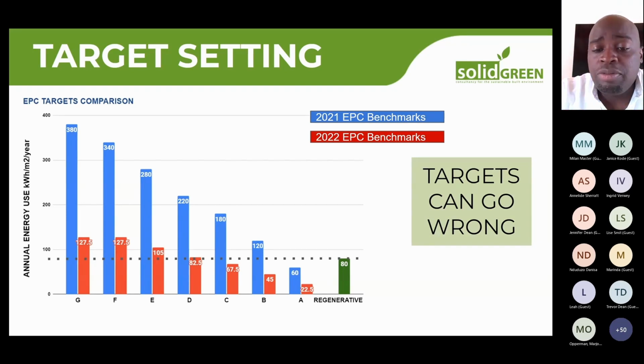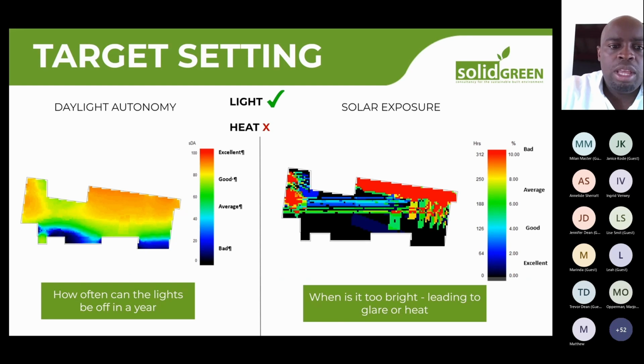And the best way to visualize this is that previously, when we were trying to offset an A building on the old ones, on the new versions, that is equivalent to a D rating, which on paper means that it should be easier to get regenerative buildings because our buildings will be so energy efficient, but it's just becoming a little bit academic in terms of the correlation to real world performance.